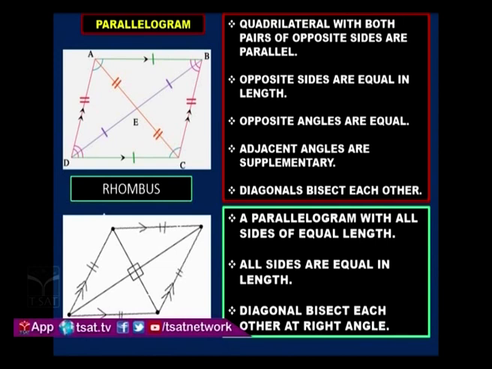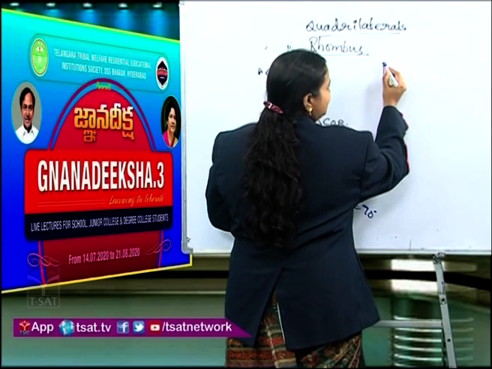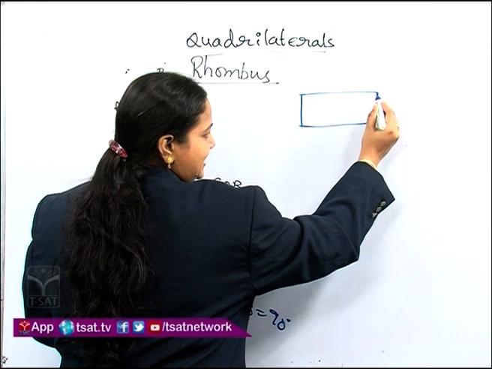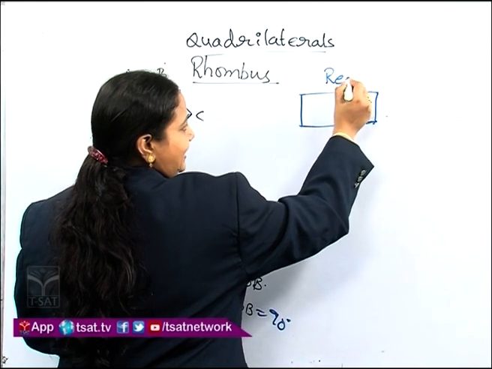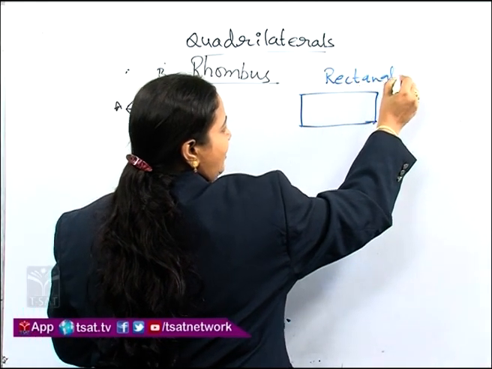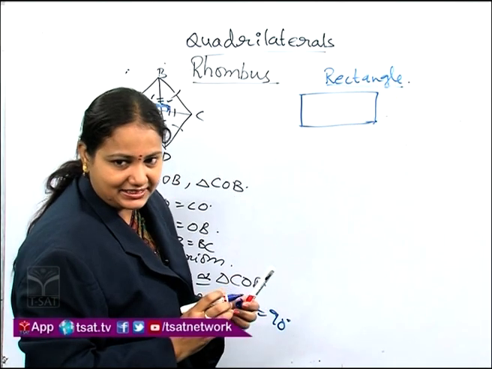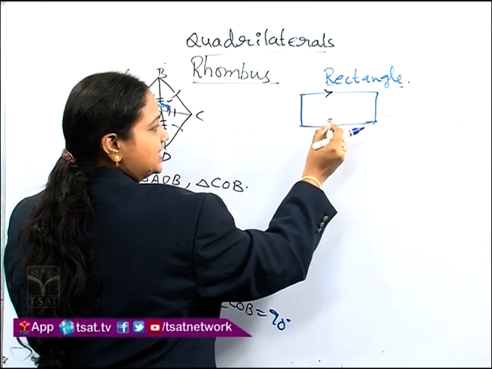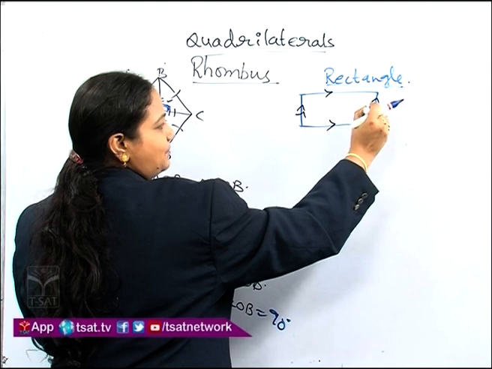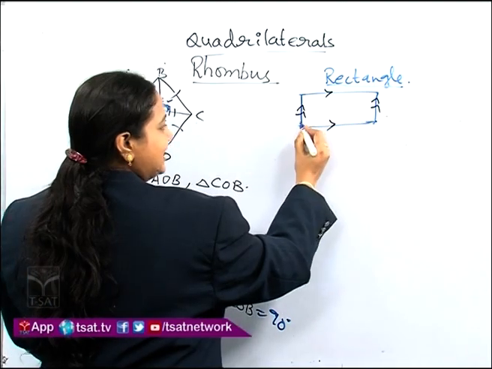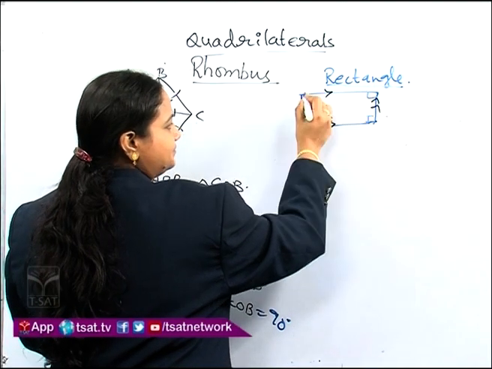And also in a parallelogram, if each angle is 90 degrees, then it will become a rectangle. Rectangle means each angle of a parallelogram is 90 degrees. Parallelogram means opposite sides are parallel and equal, and each angle is 90 degrees here.